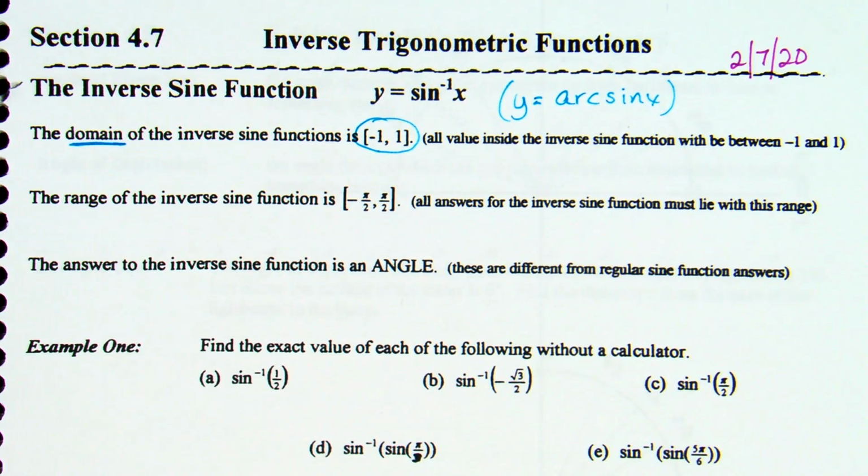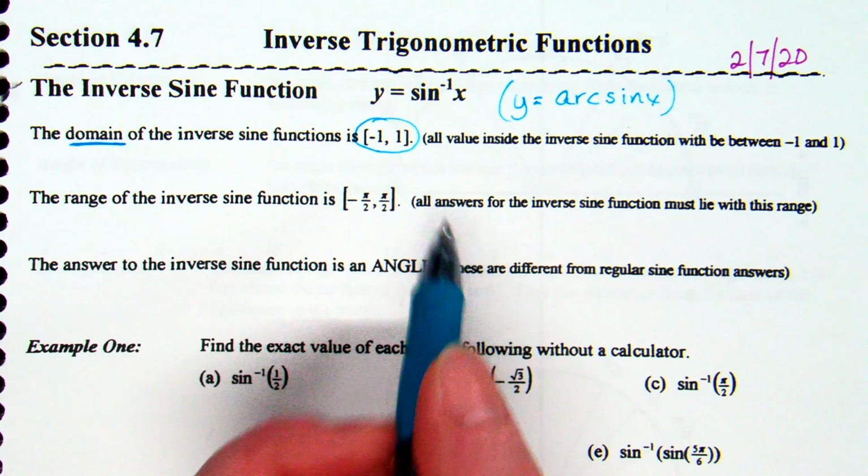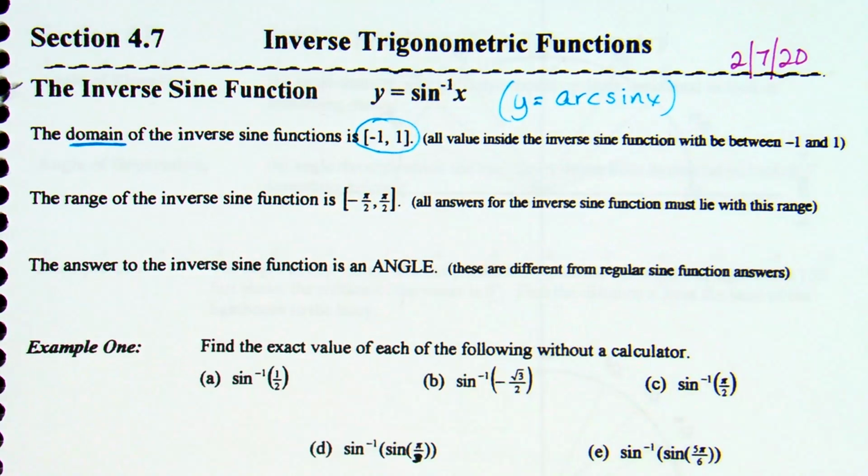If it is something that is outside that set of numbers, you can't find arc sine of that. Okay? And so, beware there. So notice it says all values inside the inverse sine function will be between negative 1 and 1. And we haven't looked at graphs of sine yet, but this is equivalent to the range of a normal sine function. Okay?